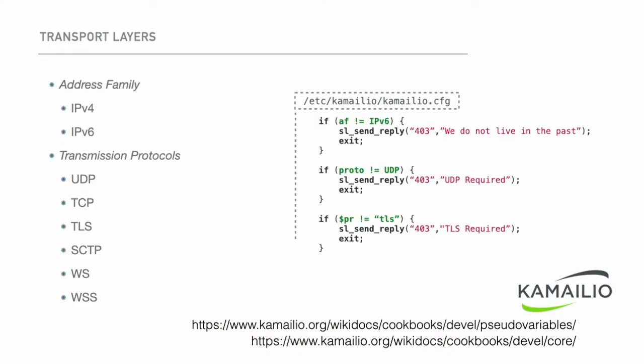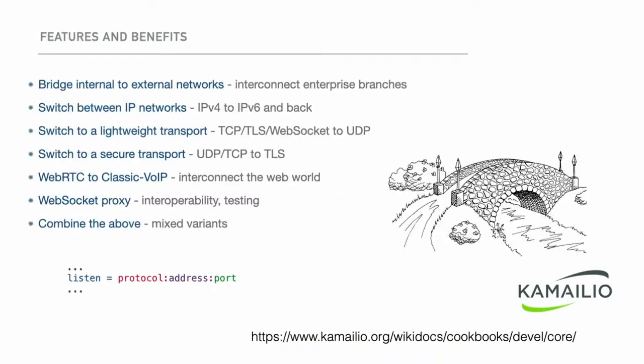But UDP, TCP, TLS are the classic ones, then the integration with WebRTC, mainly through WebSocket secure, and so on. You'll find all these options everywhere to check the protocol, either with variables or with keywords, where you could combine them.